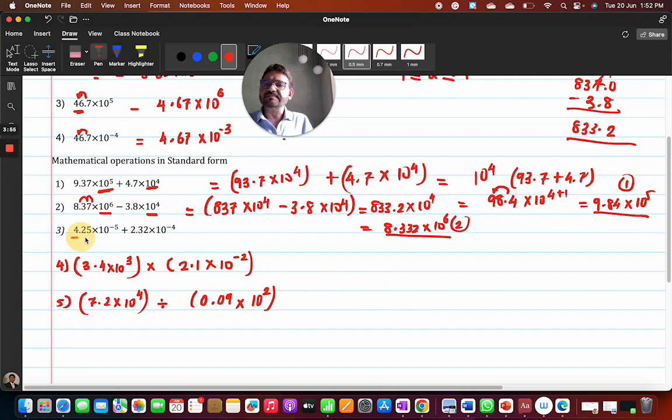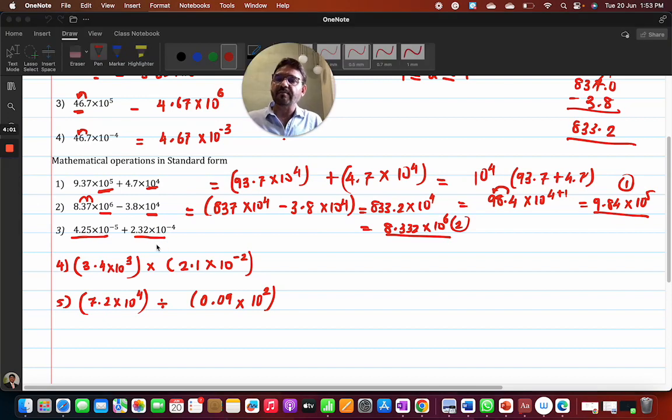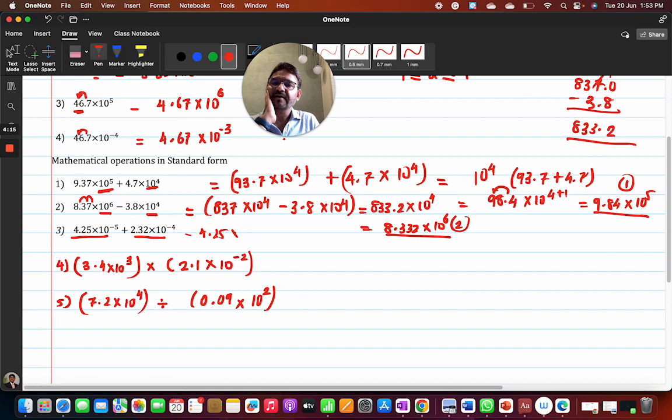Similarly here, you have to get both into the same power. So again, you have to try to get both of them into the same power. So you make the power lower, correct? So 10 to the minus 4 is a higher power, make it lower. So 10 to the minus 5. If you do this, 4.25 into 10 to the minus 5, correct?